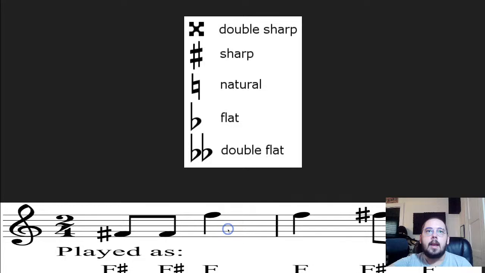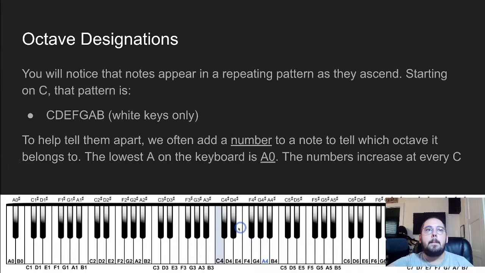Again, treble clef means that this line where my mouse is a G. We move down, that's F, E, D, C, B, A. Again, that repeats based on the keyboard cycle here. And we designate the octave in that repeating pattern with numbers here.